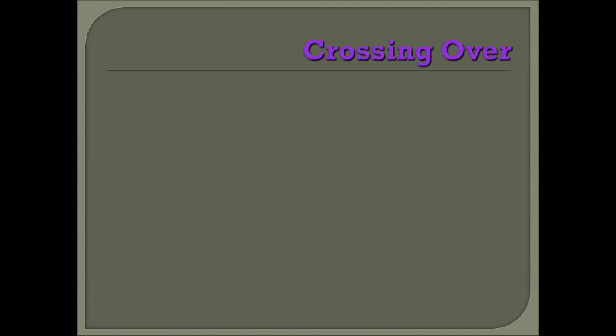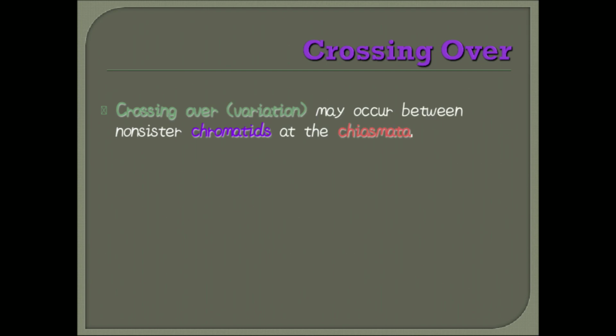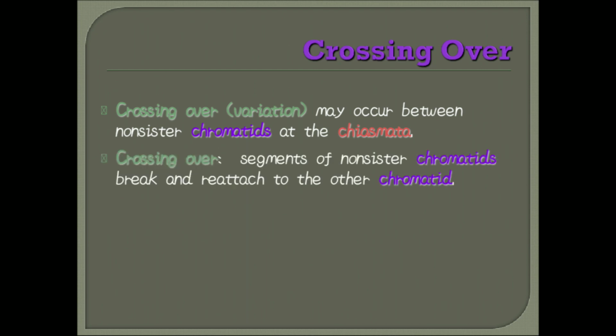Now let us discuss crossing over. Crossing over means what? It is responsible for variation. It occurs between non-sister chromatids and forms the chiasma point. We observed chiasmata in the diplotene phase. What is chiasmata? Chiasmata are the sites of crossing over.